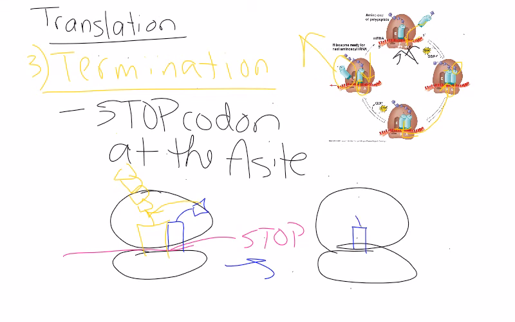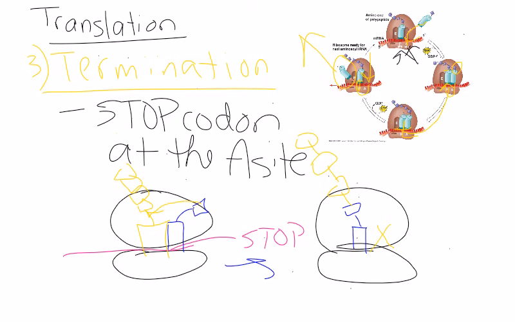We have our polypeptide chain that is going to continue to exist. I know that's a bad drawing, but notice nothing is going to come here to the A site.